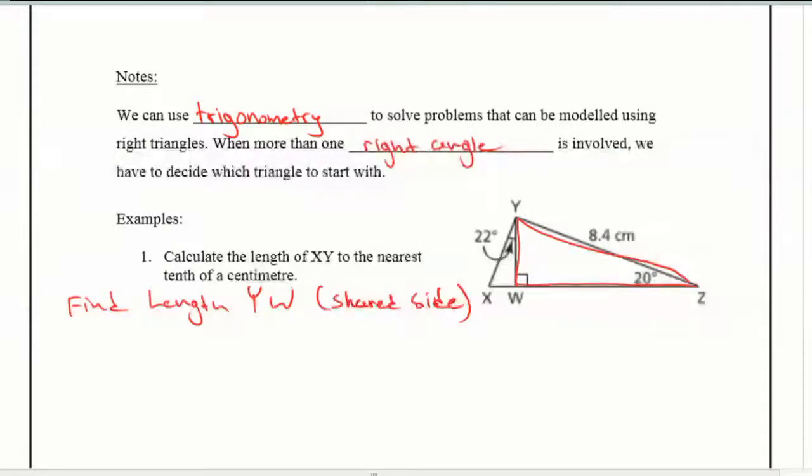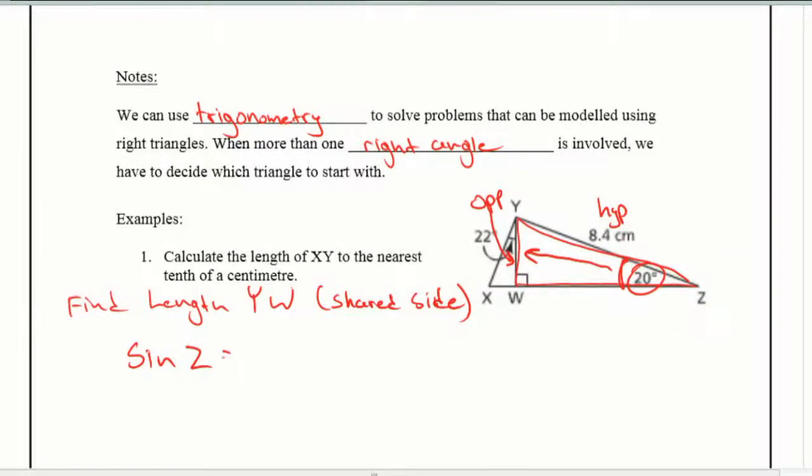Okay, so I have this angle here, and I'm going to measure all of my sides from this angle. If I go to here, this becomes the opposite side, the side I'm trying to find. This is the longest side in that red triangle, the hypotenuse. So if I have the opposite and I know the hypotenuse, I think SOHCAHTOA, and I'm going to take the sine.